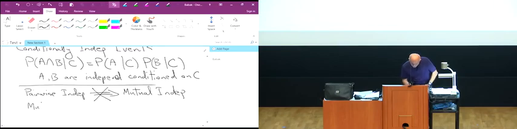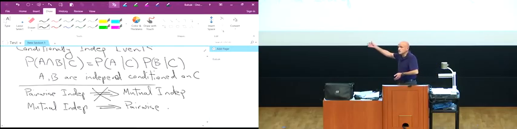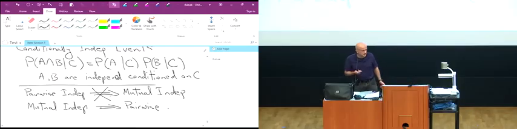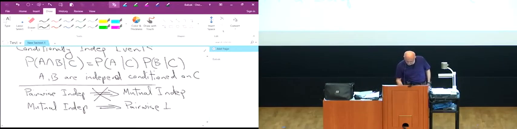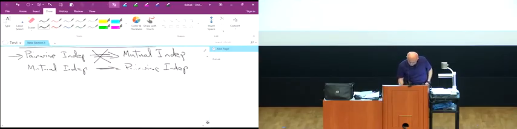The reverse is true. Mutual independence, by definition, implies pairwise, because one of those subsets of the integers 1 through n is the size 2 subsets, pairwise independence. So let's look at this one for a moment.